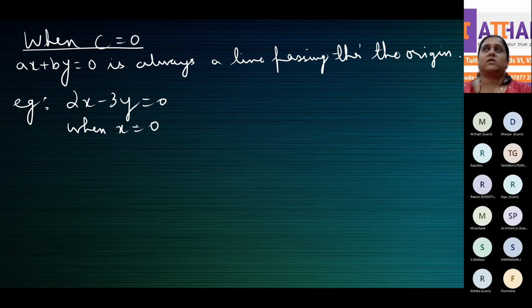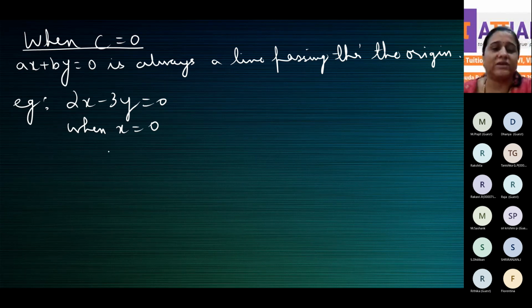What is the condition if the graph has to pass through the origin? If the graph has to pass through the origin, then 0, 0 should be a point on the line.